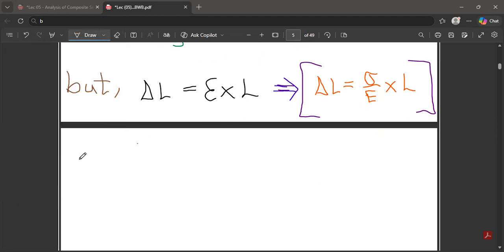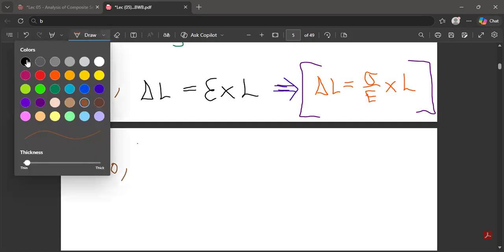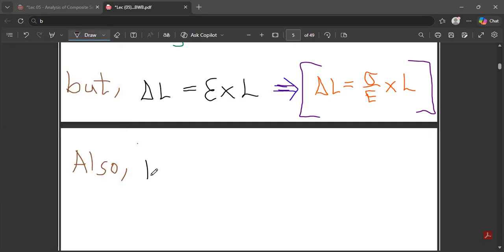So I'm saying that also, our length of steel, that is, our overall length, is equal to what? The length of the steel is equal to the length of the hot copper.